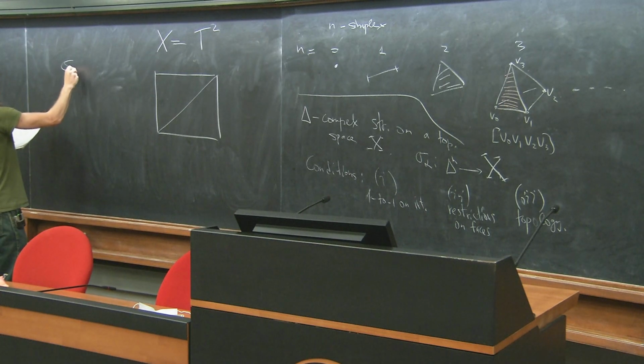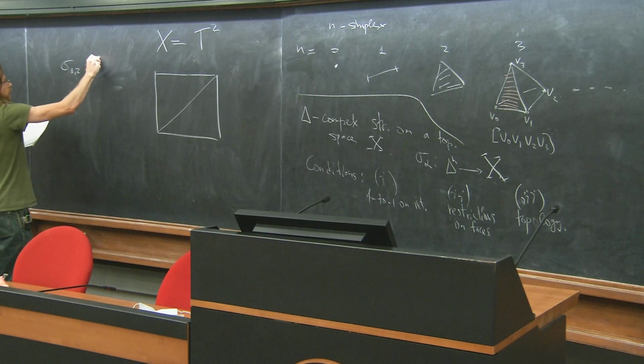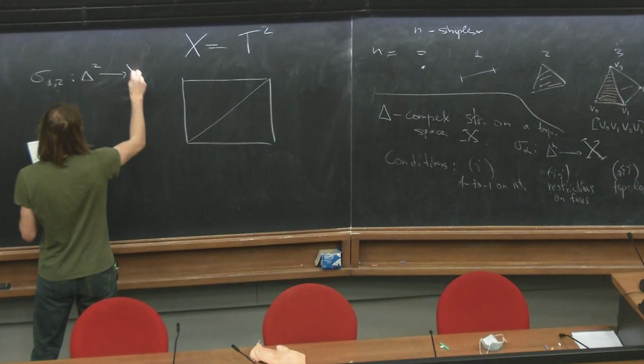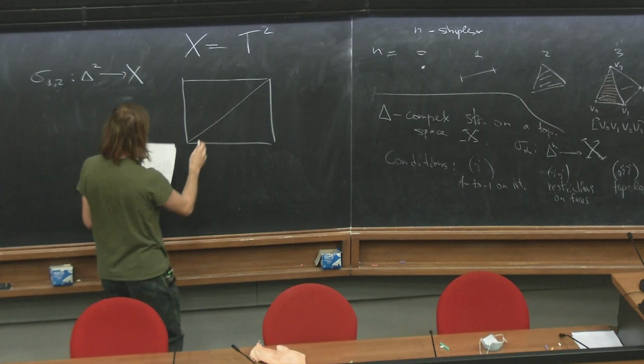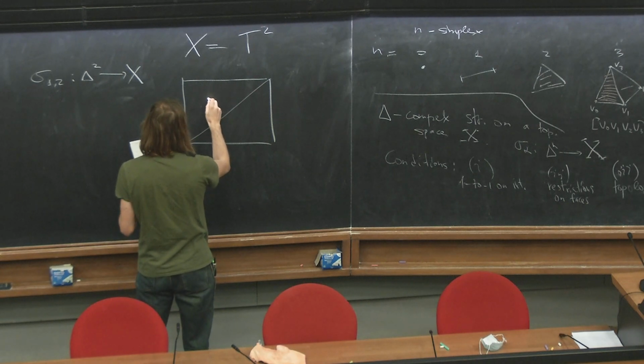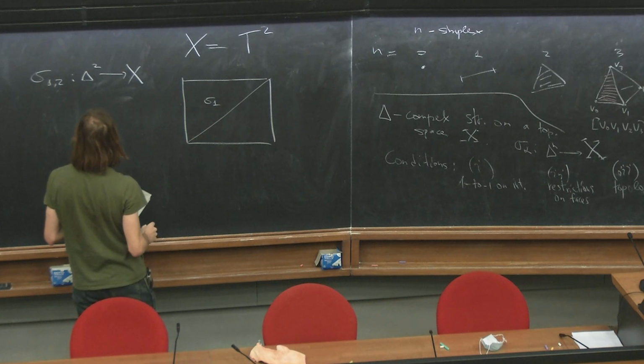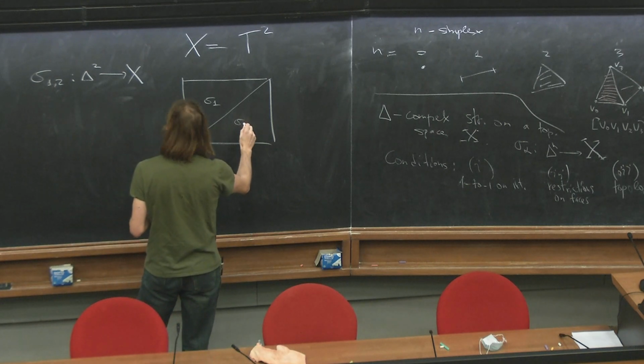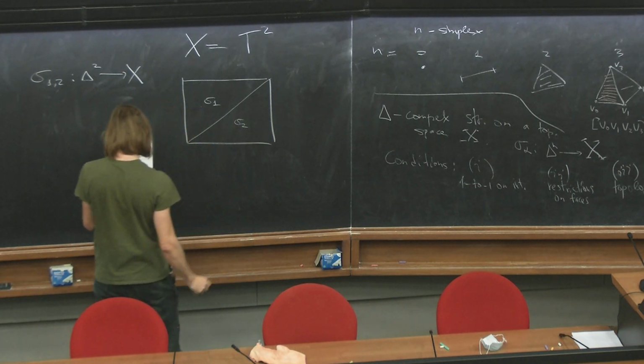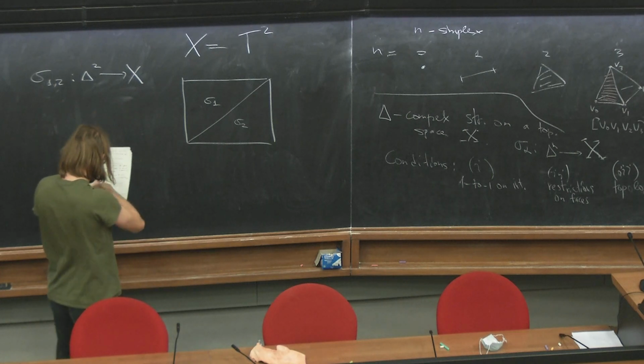Let sigma 1 and sigma 2 be maps from a 2 simplex to X, so that this will be the image of sigma 1, and this will be the image of sigma 2.